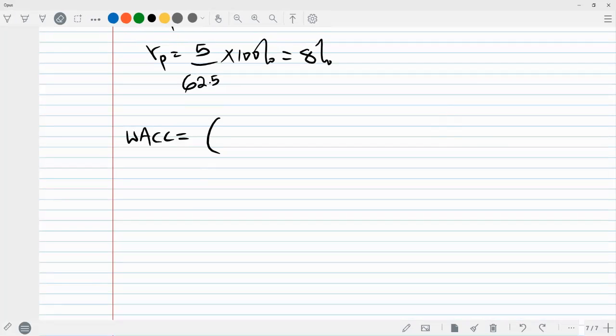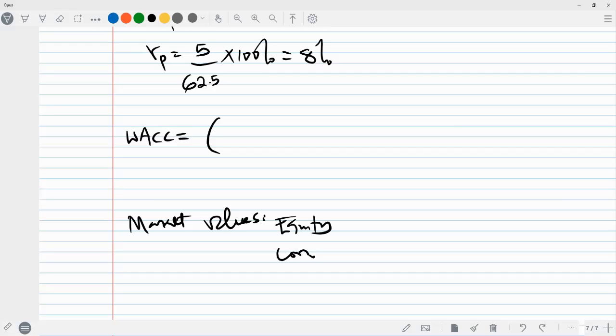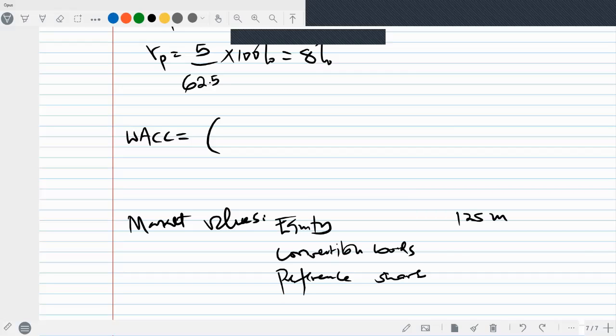So the market value. Don't forget, all your workings need to appear on the paper, in this case on your Excel. So market values from these sources: equity, convertible bonds, as well as preference shares. Equity 125 million, no need for working since it's already done.